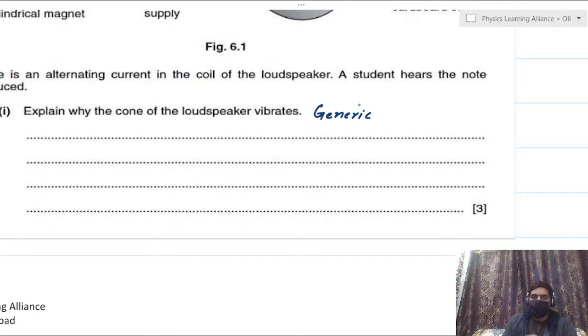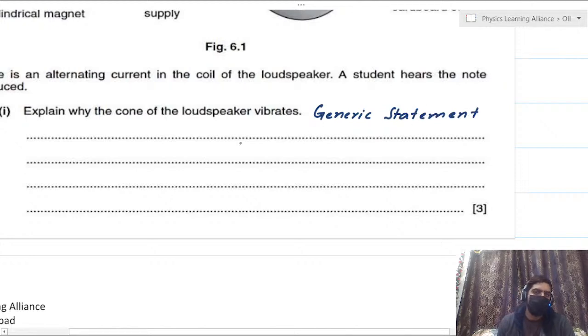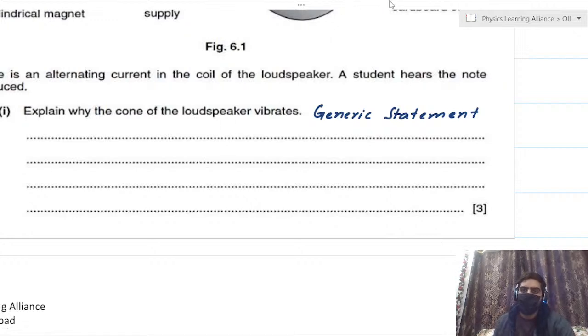There's a sample answer for this one as well. Every time they ask you about the working of the loudspeaker, you just write down these pointers, straight away, for 3 marks.